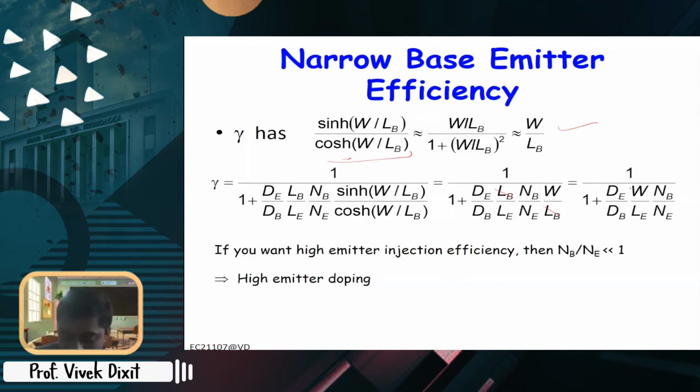So that means the width of the base should be much smaller compared to the diffusion length of electrons in the emitter, and the doping of the base should be much less than the doping in the emitter. These two will give you the criteria for high injection efficiency.